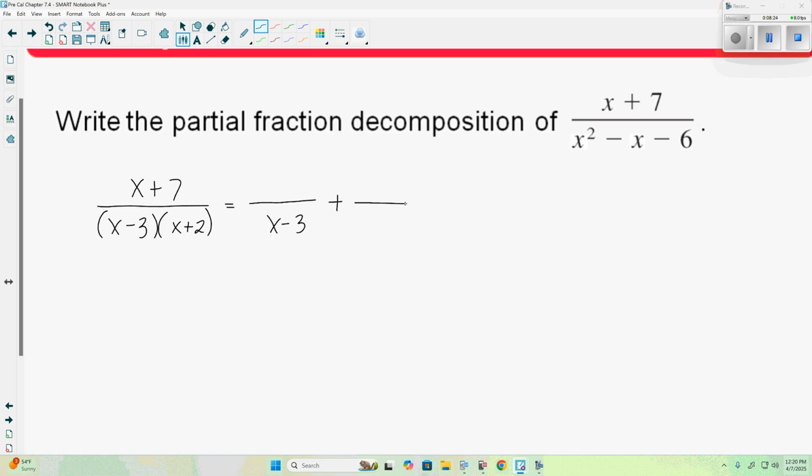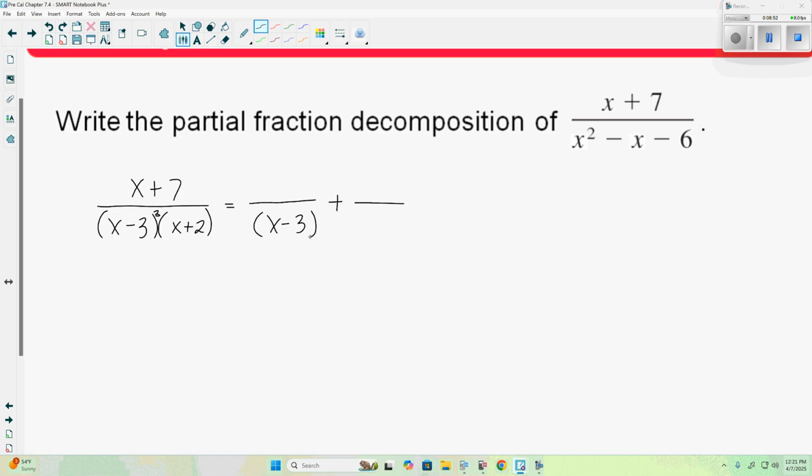If it was to the third, we'd have x minus 3 in the first one, the second one would be x minus 3 squared, and the third one would be x minus 3 cubed. We keep listing it out until that power reaches the number that's underneath.